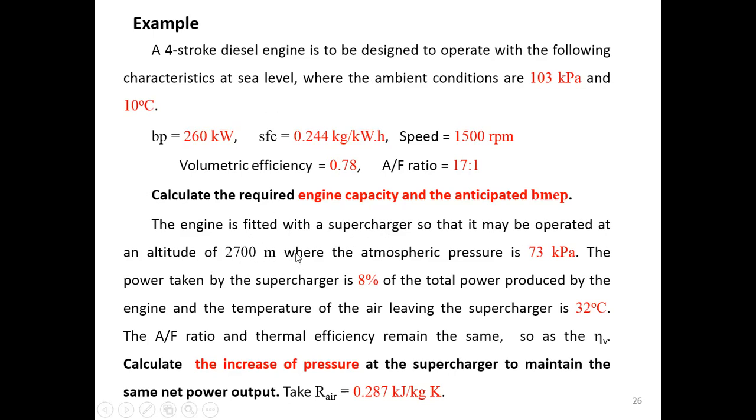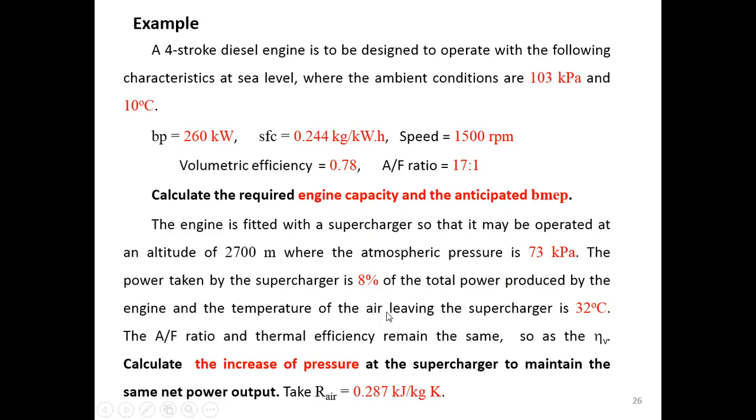At that level, the atmospheric pressure is 73 kilopascal. Another piece of information given when this engine is equipped with a supercharger is that the power taken by the supercharger is 8% of the total power produced by the engine. So now the engine has to deliver 8% of its power to drive this supercharger.